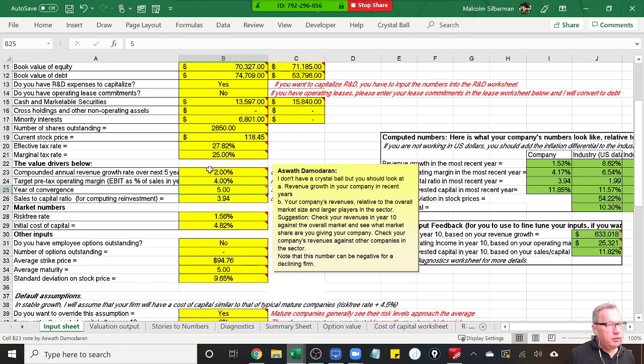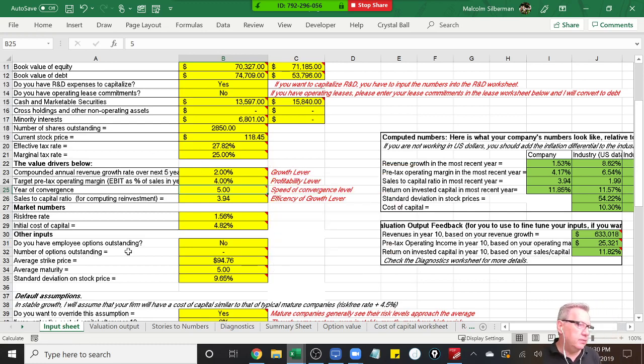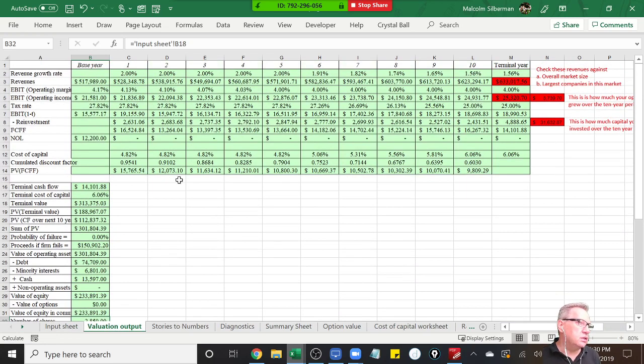And then the year of convergence is basically, he tends to use this for most of his sheets, it says where the cost of capital changes. I'm going to grow for 5 years at 2% on average, and then I'm going to bring it in to 1.56%. Now, 1.56 is your risk-free rate.